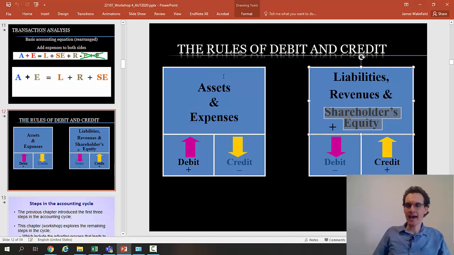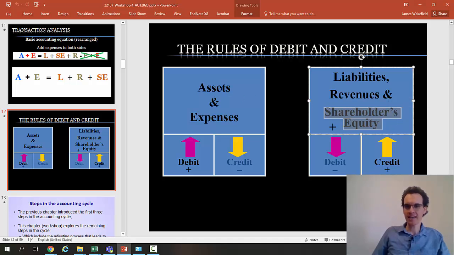Now, an easy way to remember the accounting equation is that your assets and expenses need to be funded by something. They're funded by either, or a combination of, typically, liabilities, so borrowing, revenues, so amounts you receive from your customers, and shareholders' equity, so contributions by the owners of the business.